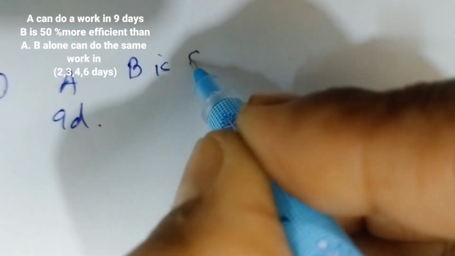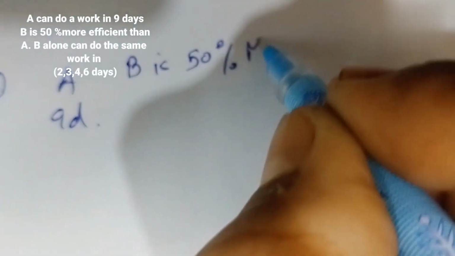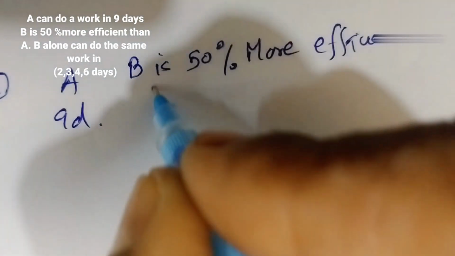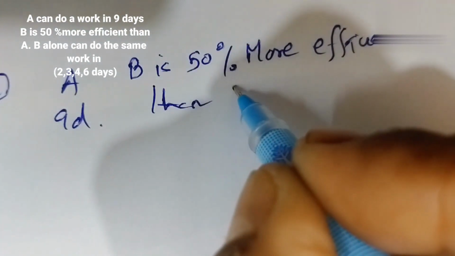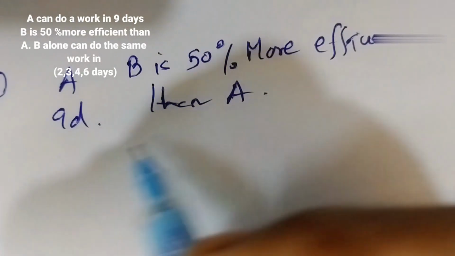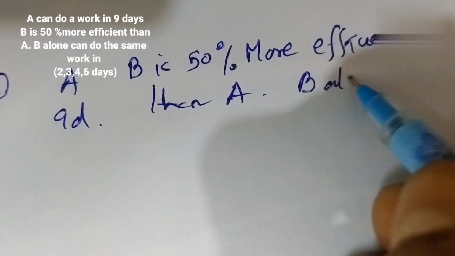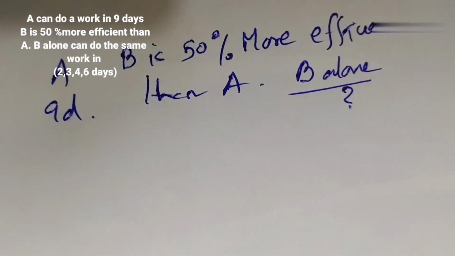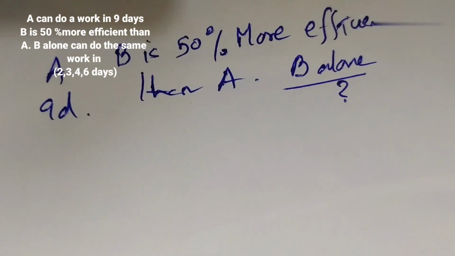B is 50% more efficient than A. So, question is, B alone will do the work separately in how many days?